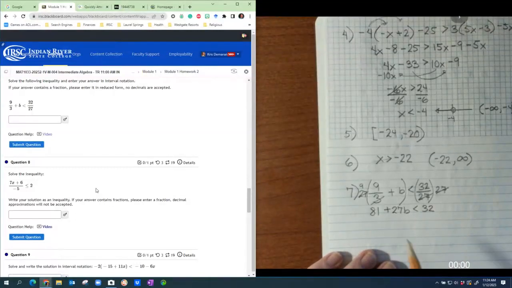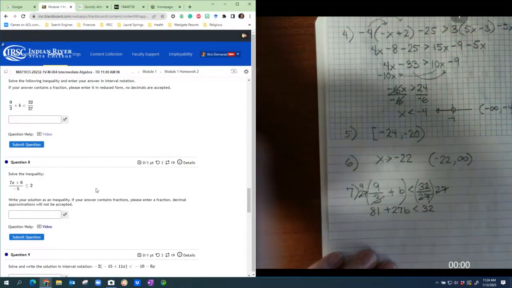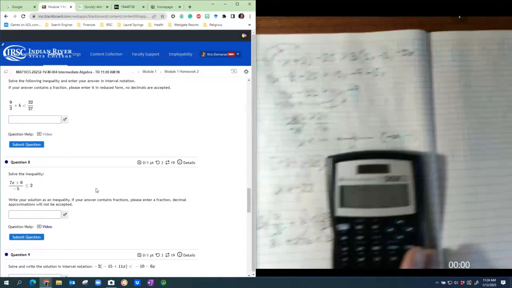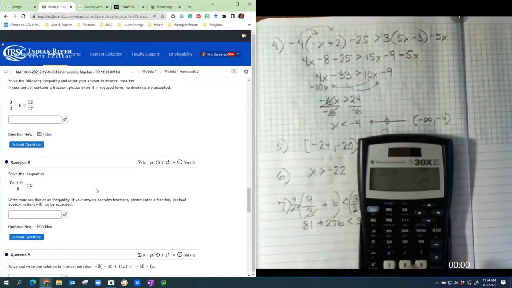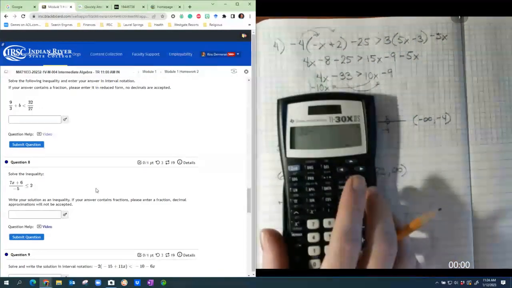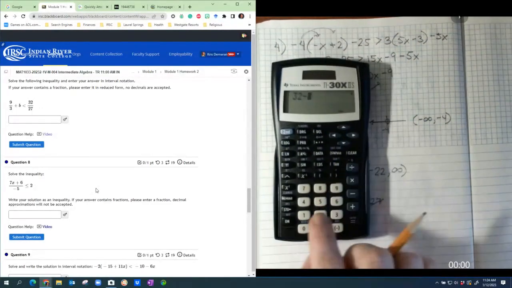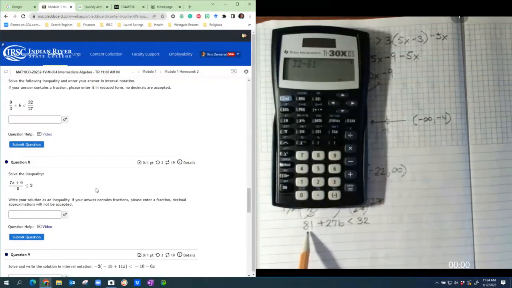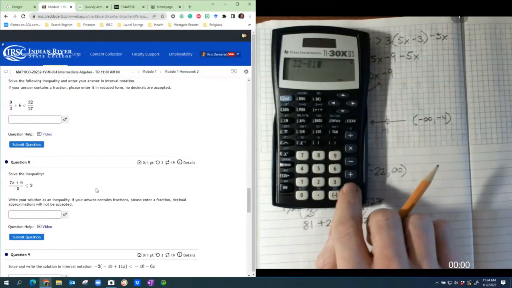Okay. Now we're going to subtract 81 from both sides and then divide by 27. It doesn't mean you have to do it all by hand. You can simply do it like this, 32 subtract 81, because we need to get that 81 over to the other side.